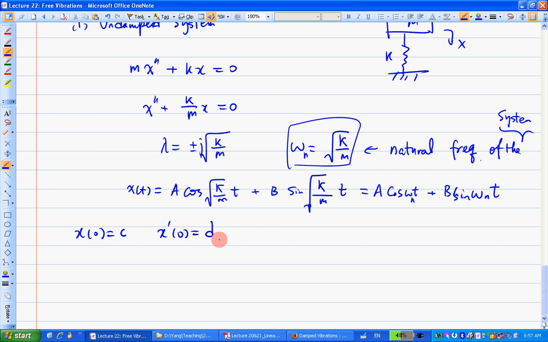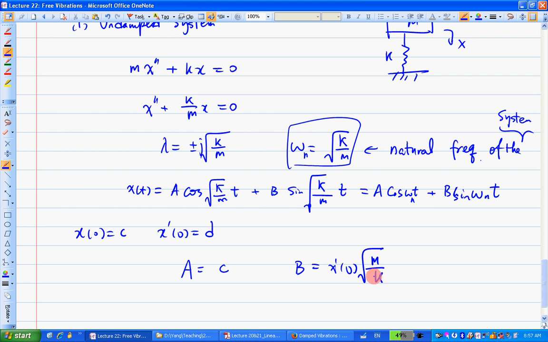I'm not going to solve this anymore because it is quite simple. You just plug in the initial condition, take a derivative, and solve it as usual, right? But you will see that the value of A corresponding to the given initial condition is basically x of 0. And the B value is x prime 0 root m over k.